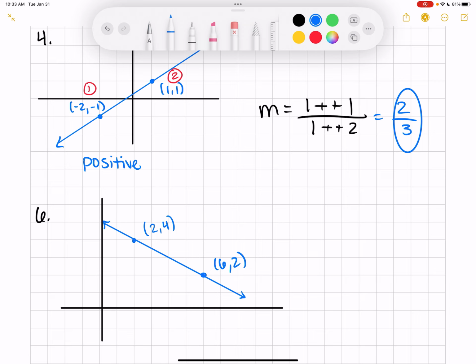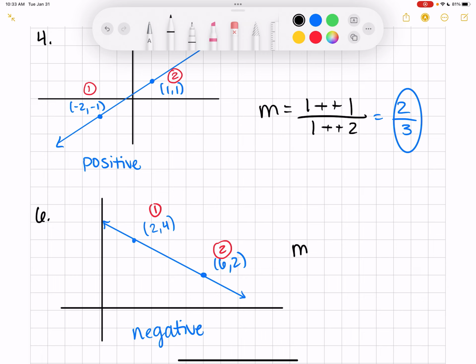So looking at this, is my slope going to be positive or negative? Negative. I guess I should have given you all the options, but anyways. All right, so then slope, we're going to call this point 1 and this point 2, and again, it doesn't matter. It's more of a preference thing.